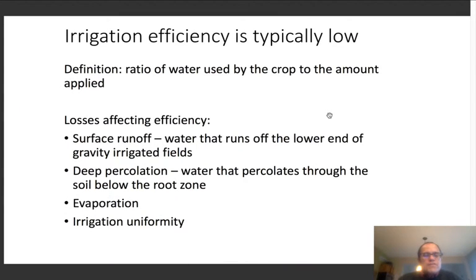Irrigation efficiency, you have to think about it as a relatively low efficiency process. So the amount of water that's actually used by the crop relative to the amount supplied is relatively small. Okay, we seek to improve this efficiency on a regular basis, but these are the most typical ways that we do it currently. Runoff: water just simply moves down gradient, moves away from the plant before the plant can actually capture it, before the soil can actually uptake it.